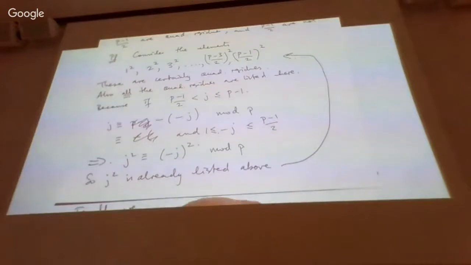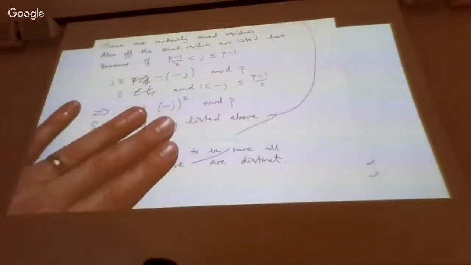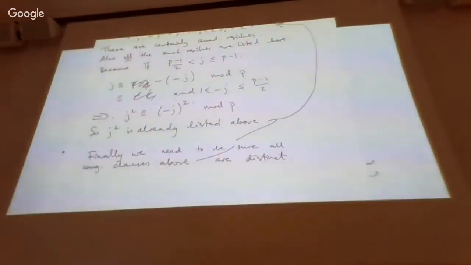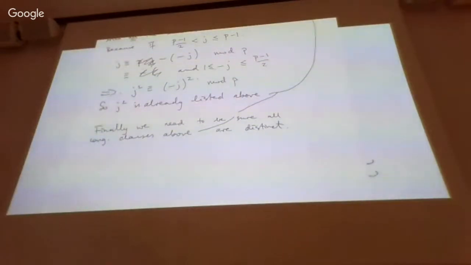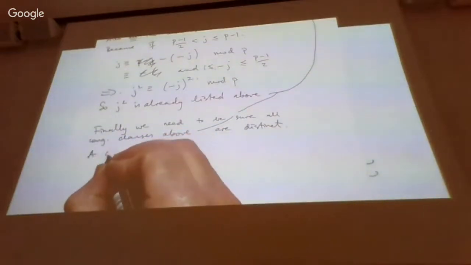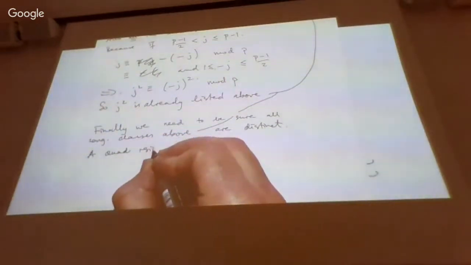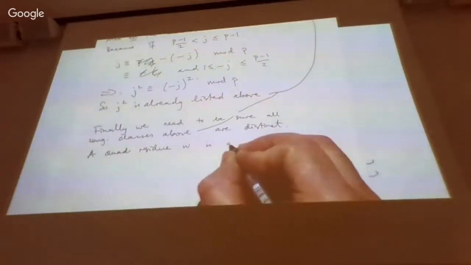So finally, we need to be sure all the congruence classes above are distinct. There are actually 2 ways we might prove this. We can rely on a previous result about polynomials.